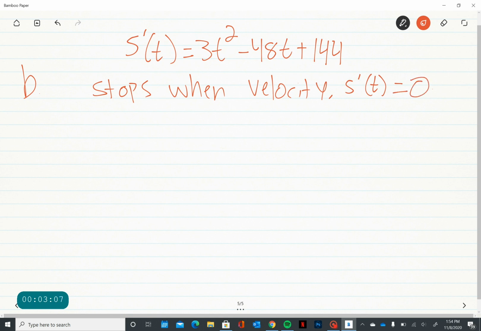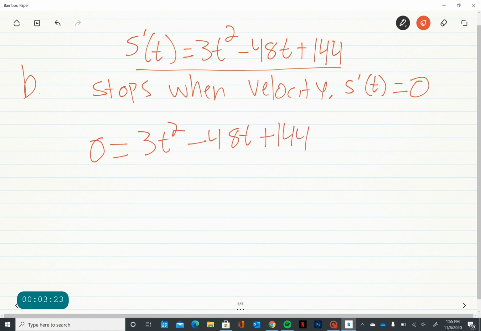So we could just set this top equation equal to 0, and we get 0 equals 3t squared minus 48t plus 144.